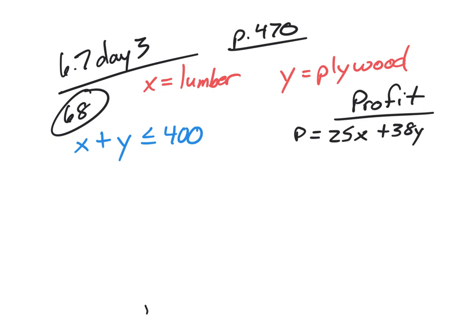I can make less than that, but I can't make more than that based on time or supplies or whatever it is. But they're telling me that is the constraint that we're dealing with. They must make at least 100 units of lumber, probably because they have sold so much, they have to make at least 100 units of lumber to supply the people that are buying their stuff. It says that they also have to make at least 150 units of plywood.